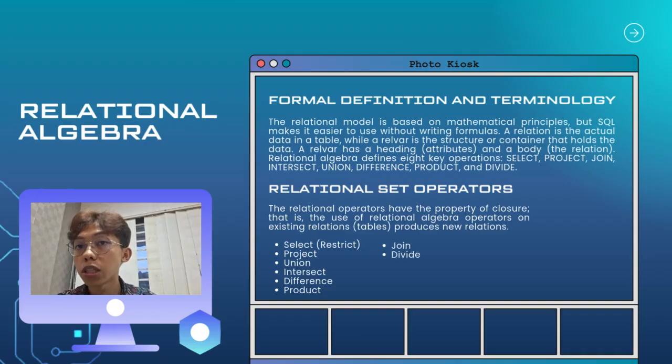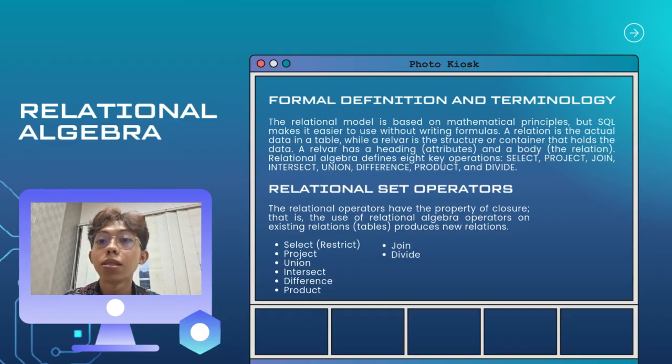An important concept here is the distinction between a relation and a relation variable, often shortened to relvar. A relation refers to the actual data that we see in a table. A relvar, on the other hand, is a variable or a container that holds the data.